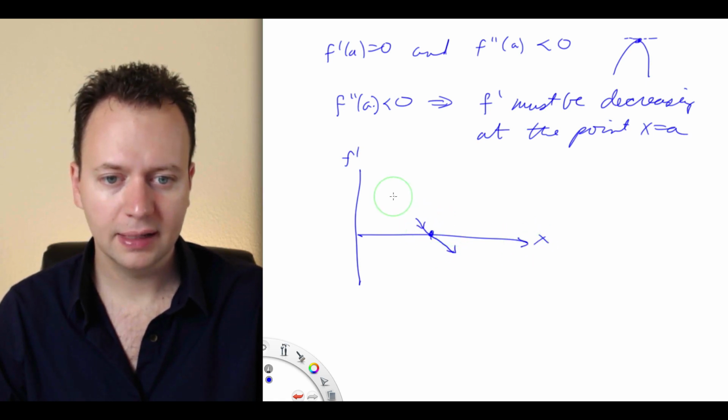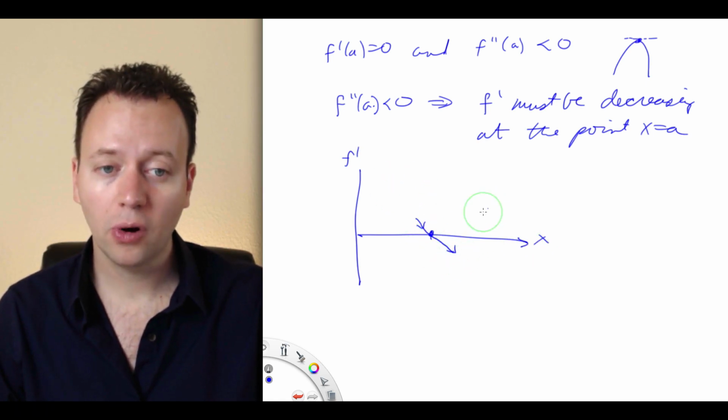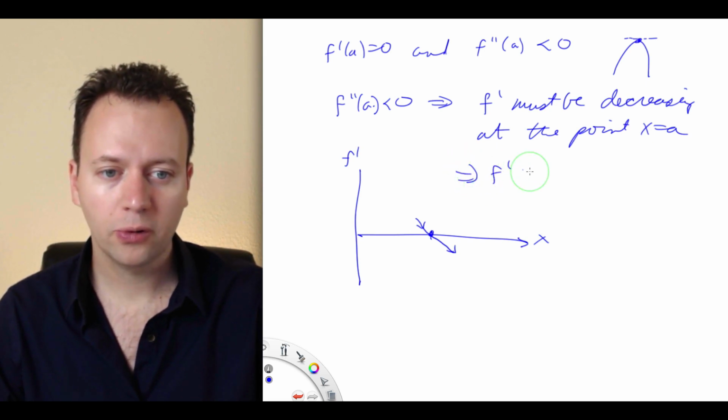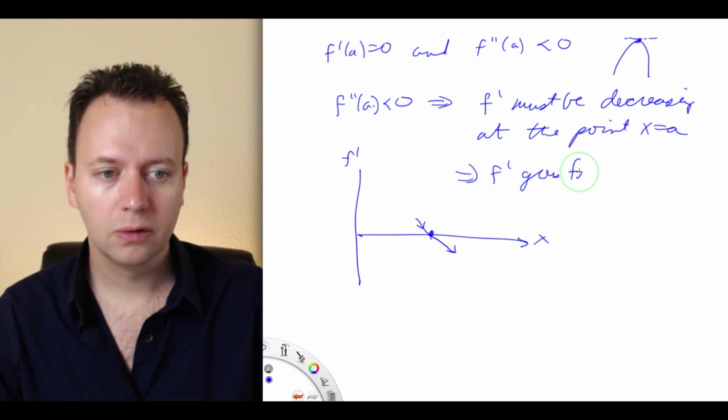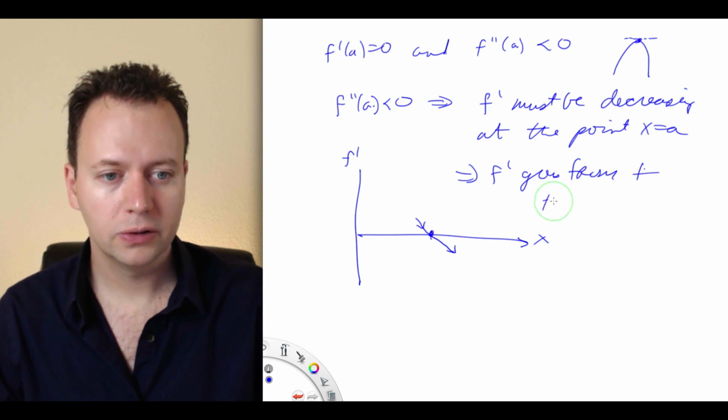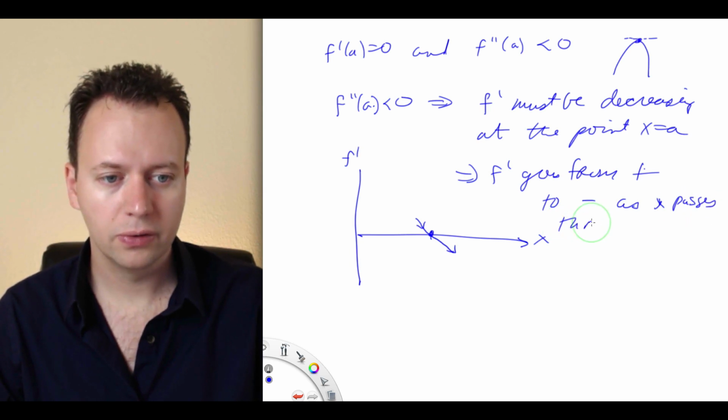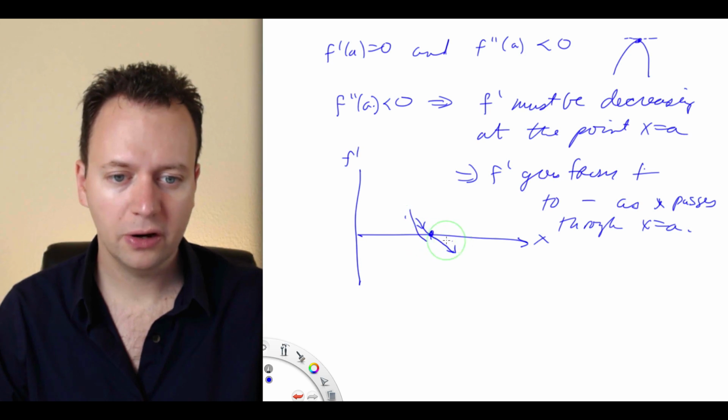So here's x, and here's a graph of f prime. So f prime goes from positive to negative as x passes through x equal to a. So f prime was positive up here, and then it's negative down there.